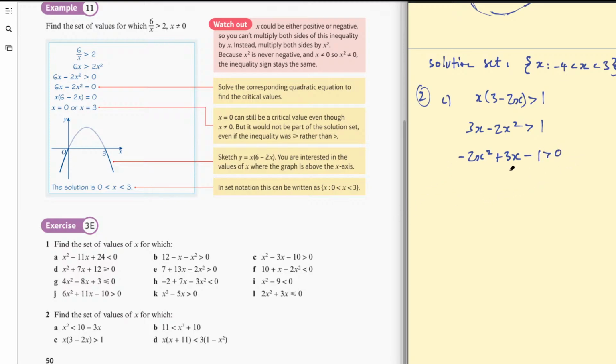And now let's go ahead and see if we can factorize this. Factors of -1 and -2 that make +3. So the only factors of -2, well, let's just do 2 and 1, and 1 and 1.